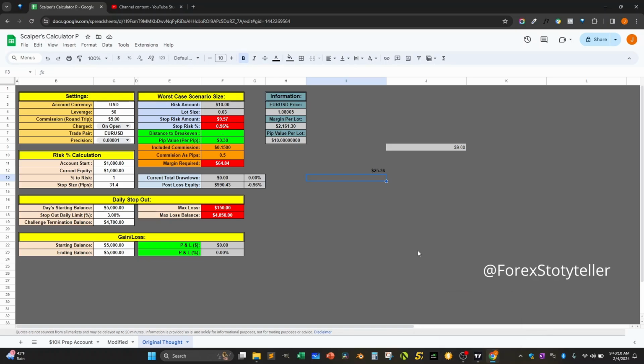But the way I'm actually proposing to look at things is to use a larger stop size, but never intend to actually hit the stop loss. And this is kind of what a lot of traders may get hung up on, is this very detail right here.